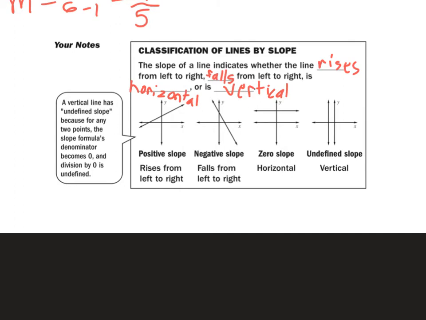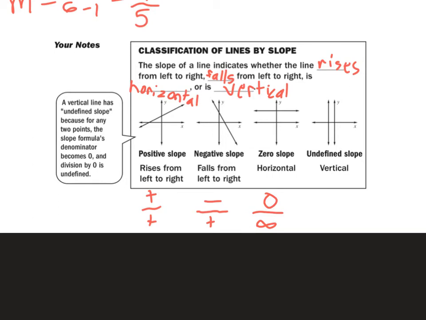When you think about positive slope, the rise is positive over a positive run. That results in a positive slope. Negative slope, you've got a negative rise over a positive run. That makes the slope negative. With zero slope, you have no rise, a rise of 0, over a run, so that results in a slope of 0.